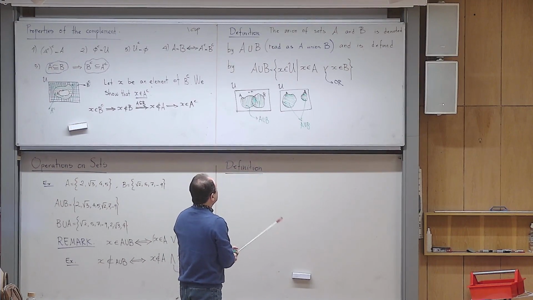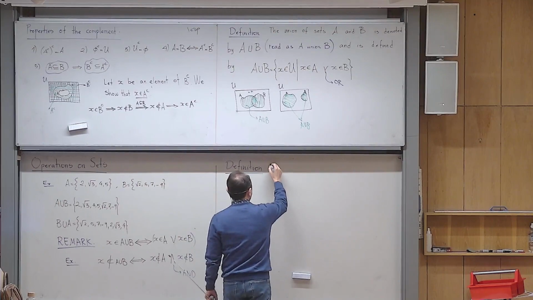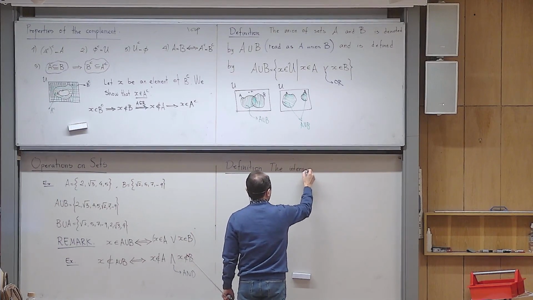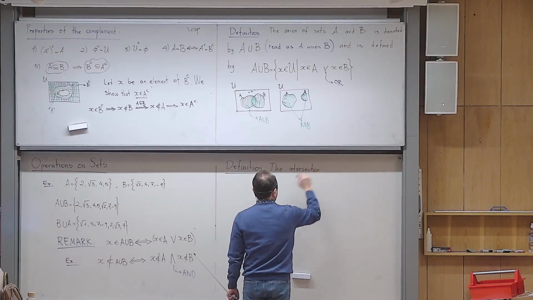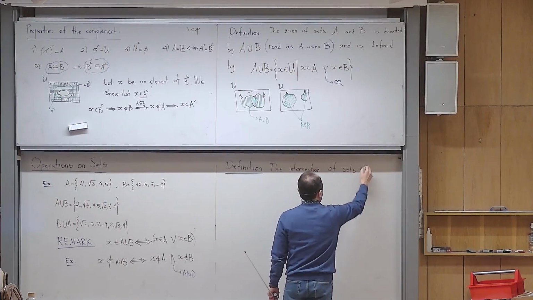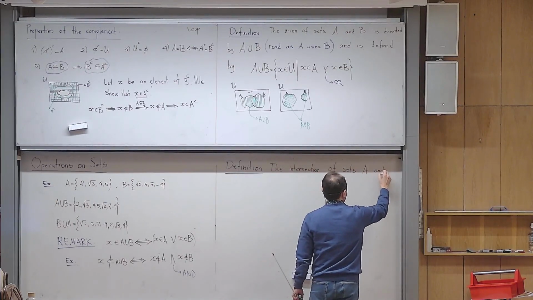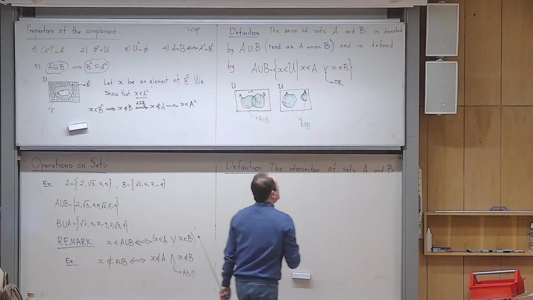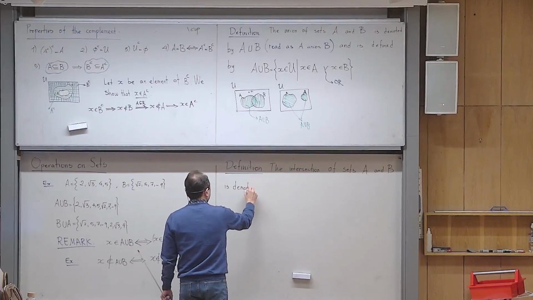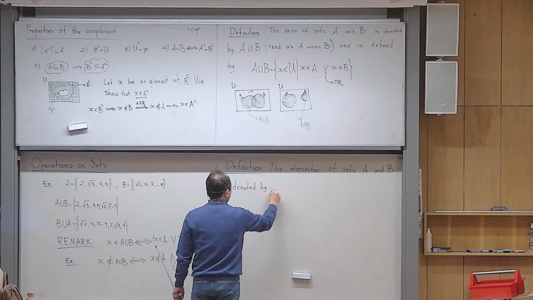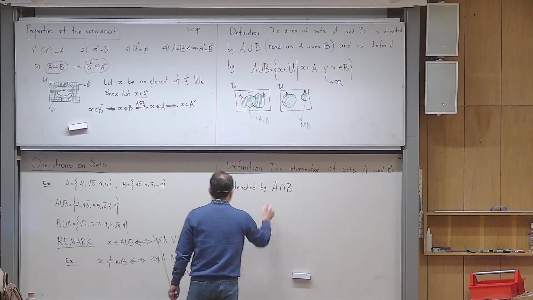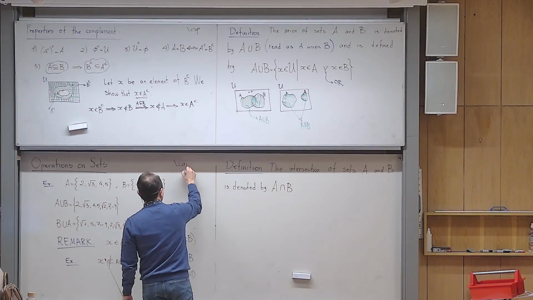Okay, so let us write the intersection of sets A and B is denoted by this symbol we use, and in LaTeX it is called cap.